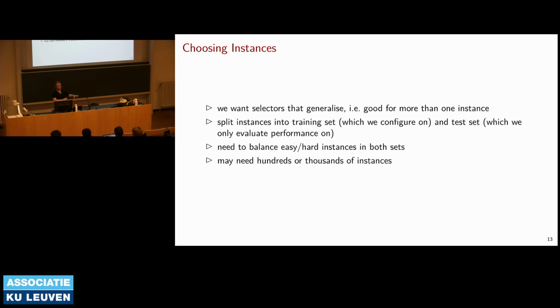There are some approaches that try to learn on easy instances and then apply this on hard instances, as in there's less overhead for the training data, because I only choose the problems that I can, for example, solve within a second or so. But that tends to work well in some cases and not so well in other cases, because the easy problems are not necessarily representative of the hard problems that we eventually want to solve in practice. And so we may need hundreds or even thousands of instances, so there's a large amount of experimental overhead involved in setting all of this up.